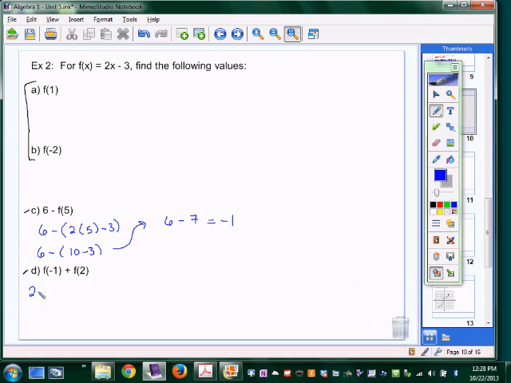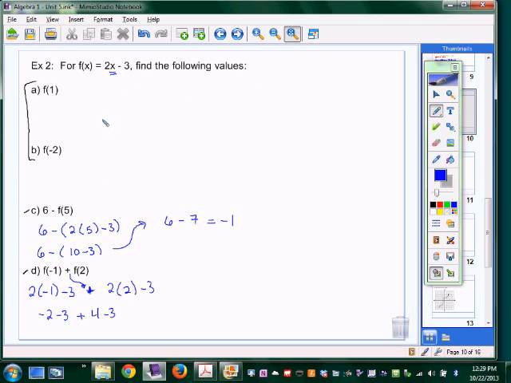So here I have f of negative 1 plus f of 2. Here's f of negative 1, minus 3, not plus 3. Plus, that's this plus right here. And here's f of 2. So I have negative 2 minus 3 plus 4 minus 3. Whatever's in the parentheses replaces the x.